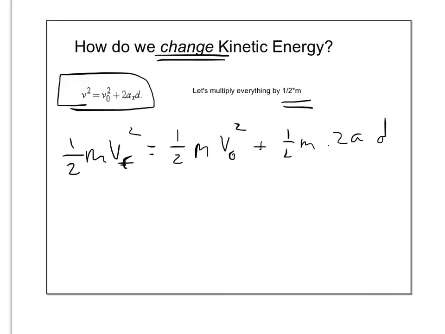Well, if we simplify that a little bit, we know some of these terms. So the one on the left is just kinetic energy final, and the first term on the right is kinetic energy initial.